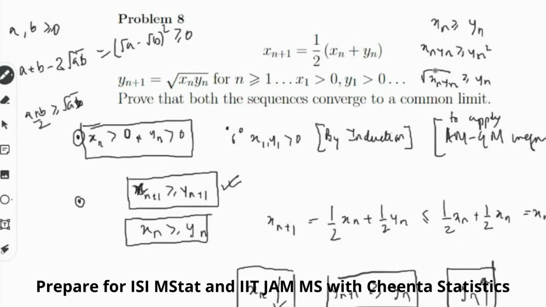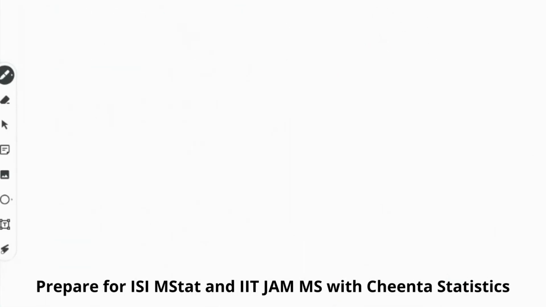So this is yn plus 1, right? Yeah, got it. All of you got it? Any doubts? xn is decreasing, yn is increasing. Let's write it down.